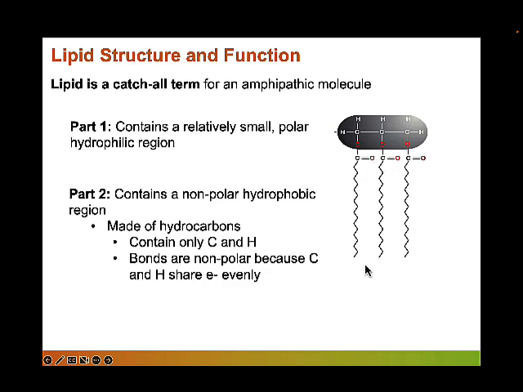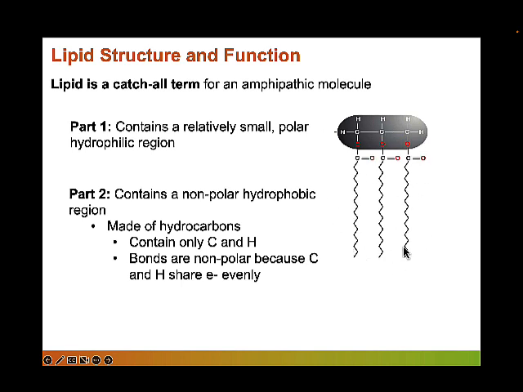The rest of the molecule is primarily made up of hydrocarbons. This part of the molecule contains only carbon and hydrogen. That's why it gets the name hydrocarbons. And the bonds are nonpolar because carbon and hydrogen share their electrons evenly. And because the bonds are nonpolar, this part of the molecule is hydrophobic.